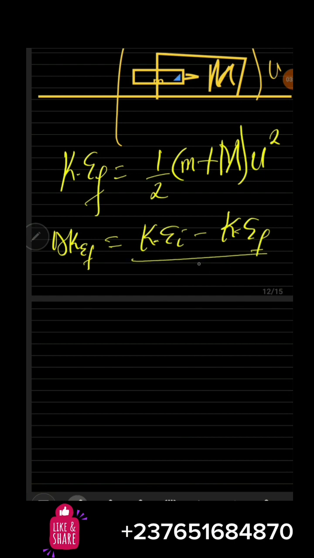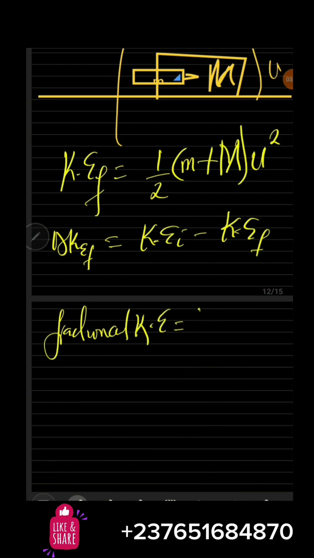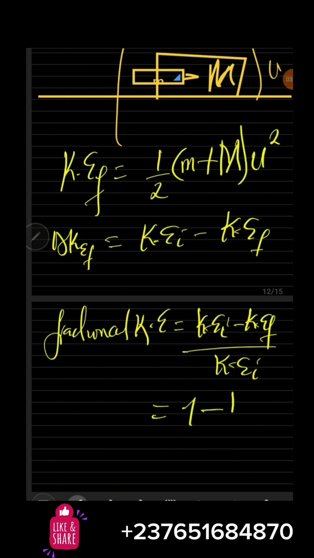So I'll divide this by KE initial. The fractional KE that is being dissipated will be KE initial minus KE final divided by KE initial, which simplifies to 1 minus KE final over KE initial.